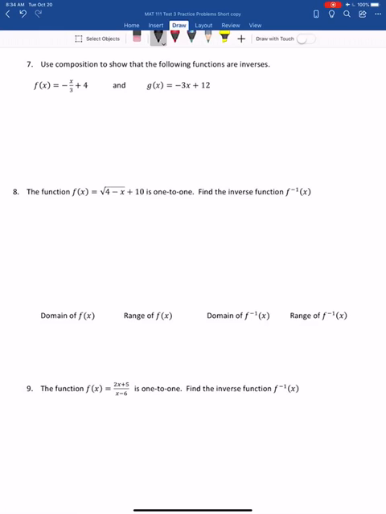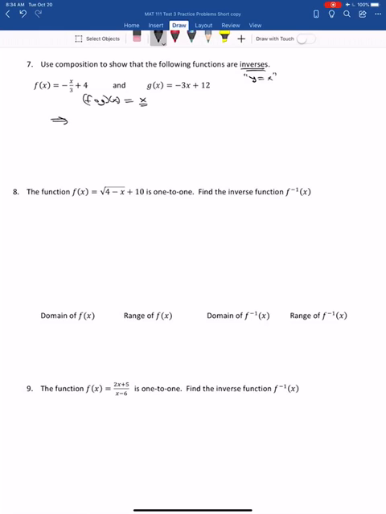So when we compose inverse functions, if this is an inverse function, we know that f composed with g of x should equal x. So again, if they're inverses, y must equal x. All right, so let's go ahead and see if that's true.